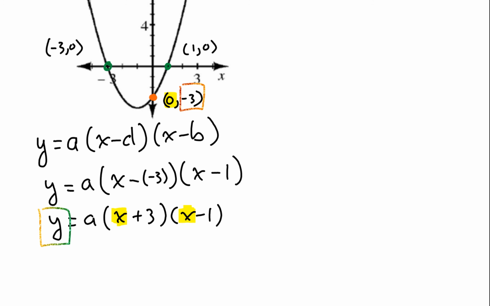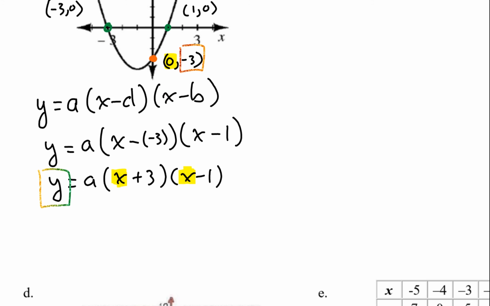So let's plug those things in. So we're going to write down that y is -3, and a is what I'm trying to find. X is 0 in both of these sets of parentheses, so this is just going to become 3 times -1.